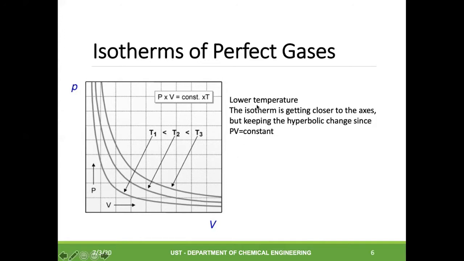Take note that if the temperature is lower, the isotherm is getting closer to the axis. But we are keeping here the hyperbolic change since PV is equal to constant. So you will realize that for perfect gases, the isotherms are perfect and they almost look the same.